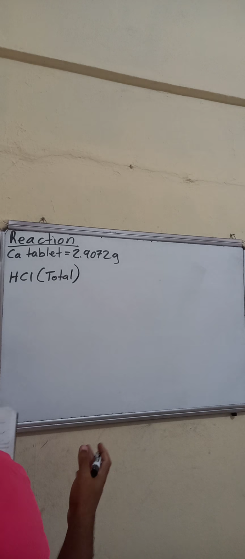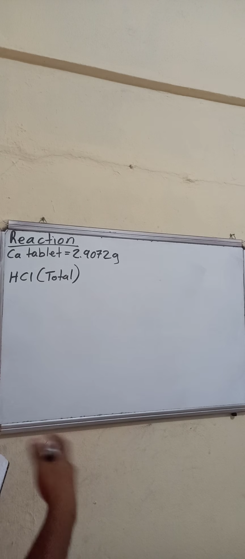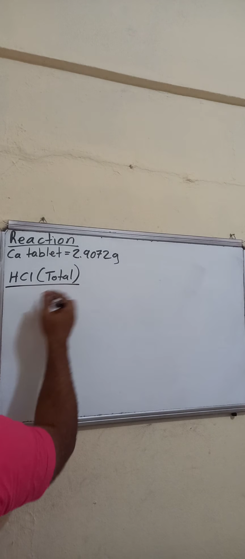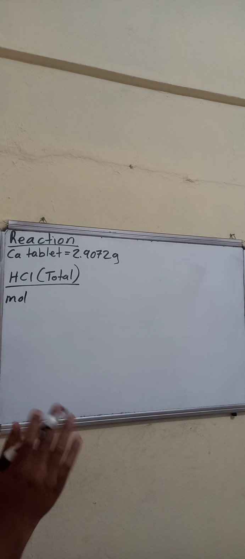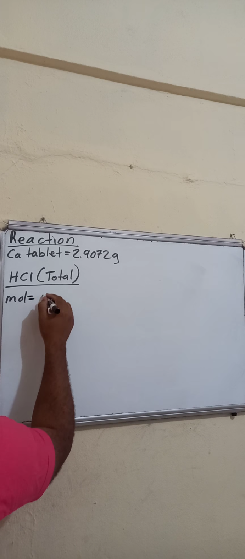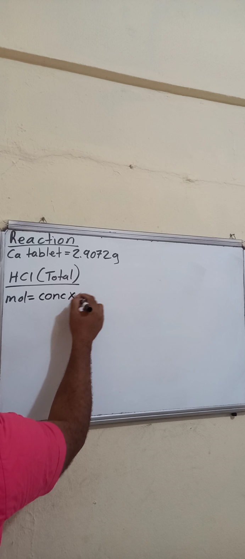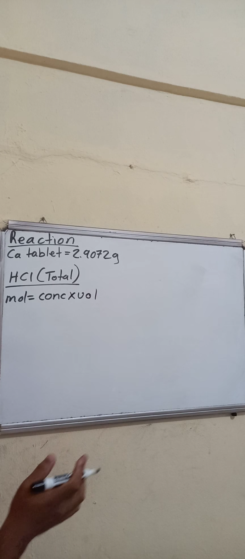So we know we have the concentration and the volume, so we can use that to find the moles of HCl. So we're going to find the total moles of HCl. And we know mole is concentration times volume.